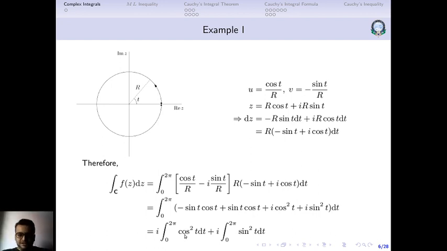You could also do it another way, because sin square plus cos square is 1, so we have i pi plus i pi. Or another way is the integration of cos square over 1 full loop is pi. Same thing goes for sine, or you could just add them together. Sin square plus cos square is 1, so that will leave us only i, and integration of dt from 0 to 2 pi is going to be 2 pi i. So that is going to be the solution of this particular complex integral.